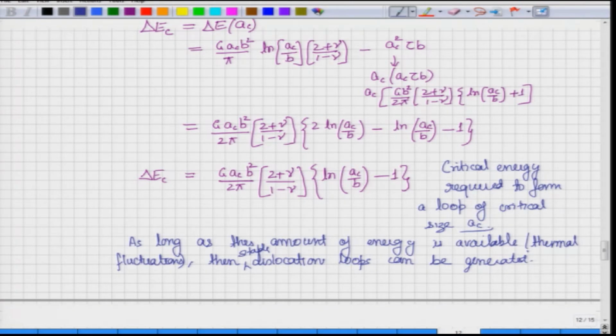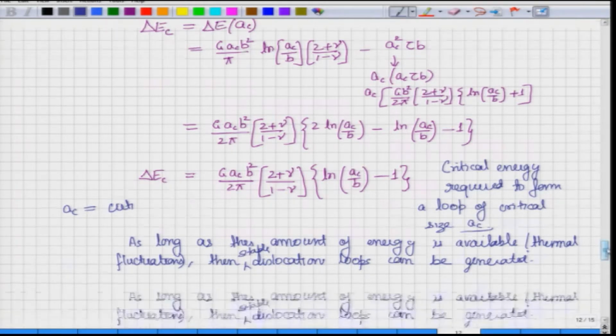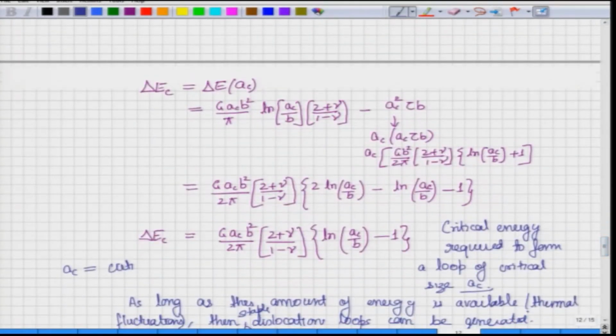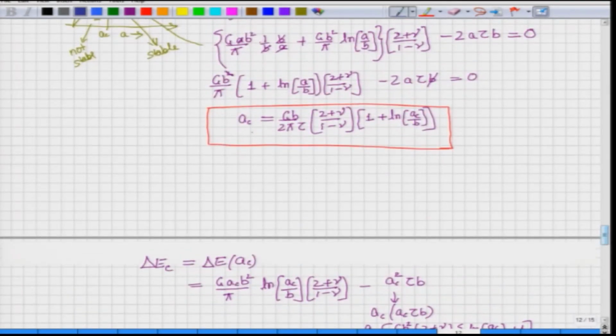And remember that AC over here is your critical loop size, which has been defined earlier. And let me just add one point here. When I say AC, it is the critical loop size, and loops bigger than this size will be stable.